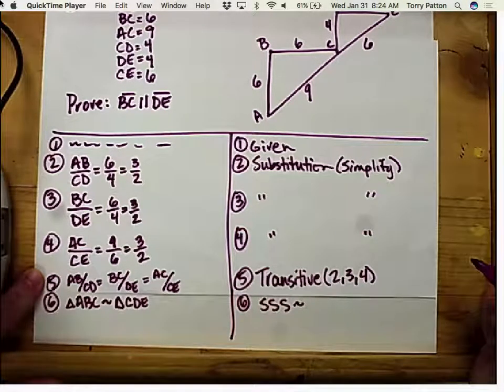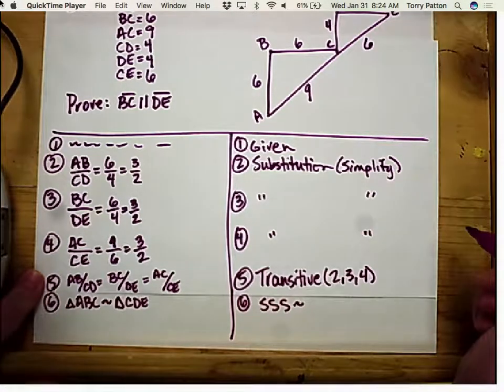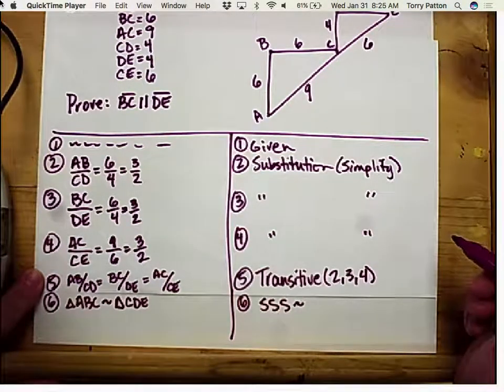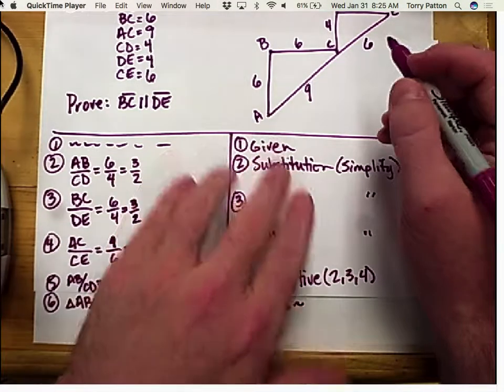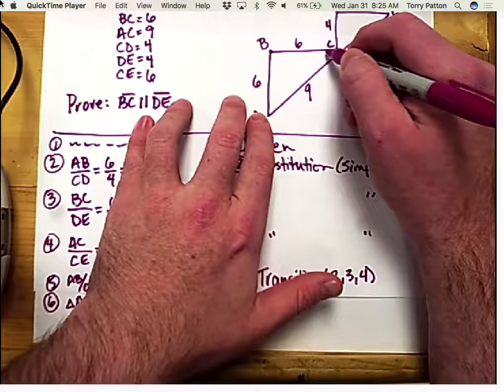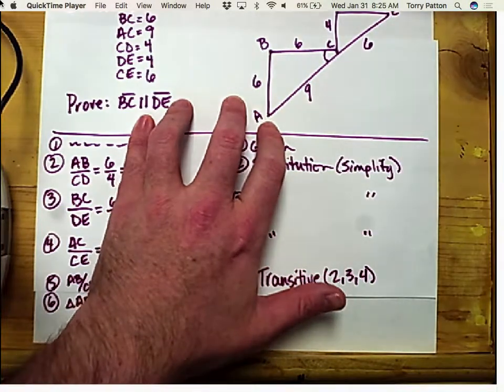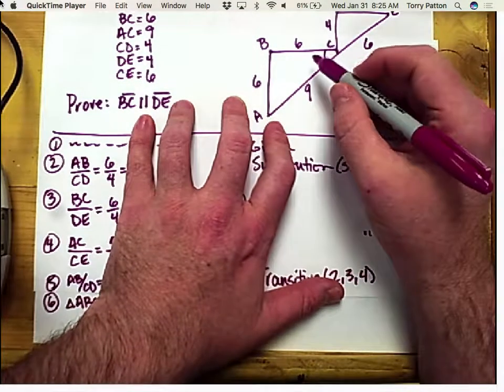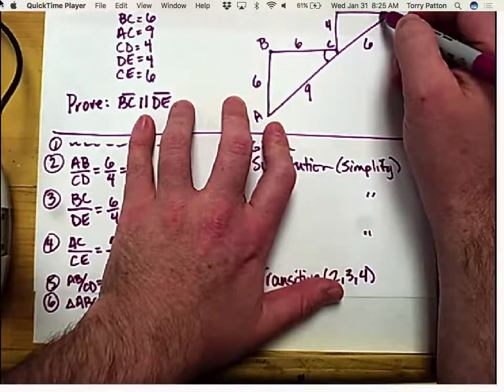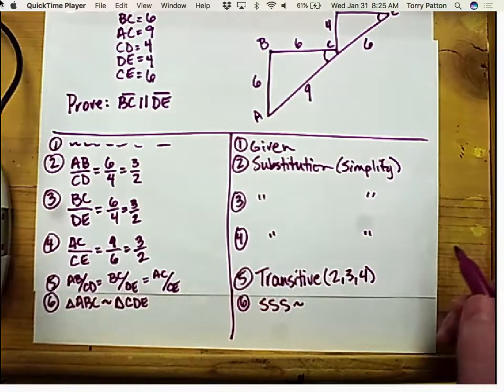Right? Now, if we know triangles are similar, what do we know? We know all 3 pairs of sides are proportional. Well, great, we already knew that. But we also now know all corresponding angles are congruent. So we can say this angle right here, angle BCA, is congruent to angle DEC.